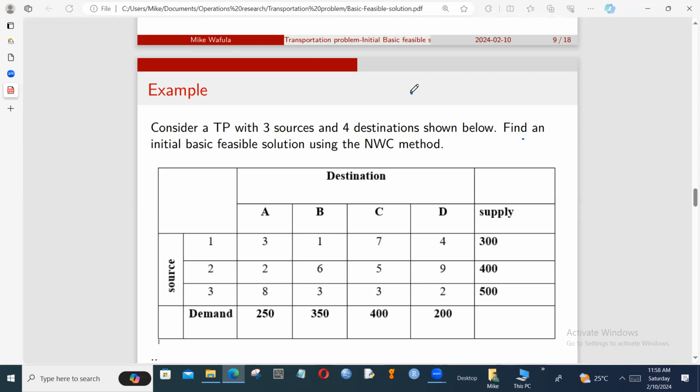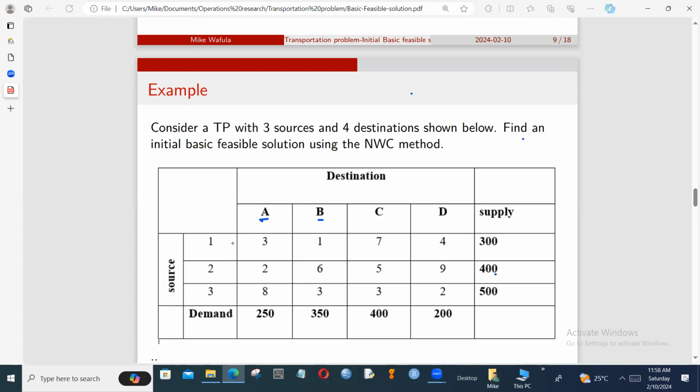So this is a good example of a transportation table where you have three sources, source one, source two, source three, for a particular product, and four destinations, A, B, C, and D. Source one can supply 300 units, source two can supply 400 units, and source three can supply 500 units.